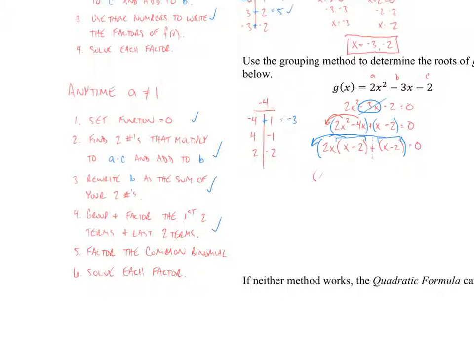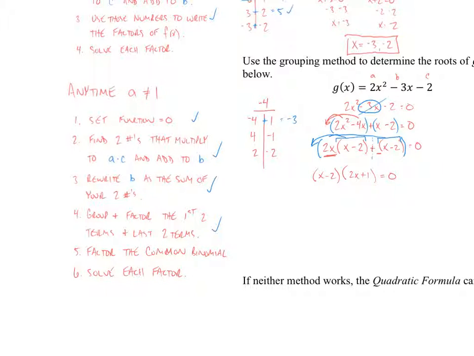And when the x minus 2 comes out, because I just factored it out, what am I left with inside? Well, I'm left with a 2x. And over here, don't forget, if I do x minus 2 divided by x minus 2, I get 1. So I'm left with 2x plus 1. And this is probably something we're going to need to practice a lot in class. So I would watch this through a couple times so that you can see this process.